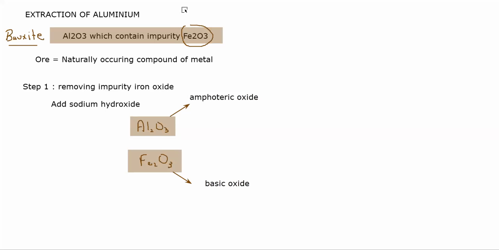If I'm adding sodium hydroxide, NaOH, which one will react? As we know, a basic oxide can react with acid, but not with a base. I'm adding sodium hydroxide, an alkali or base. So the amphoteric aluminium oxide will react, but iron oxide will not react.